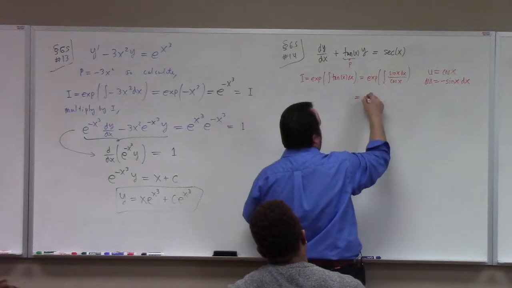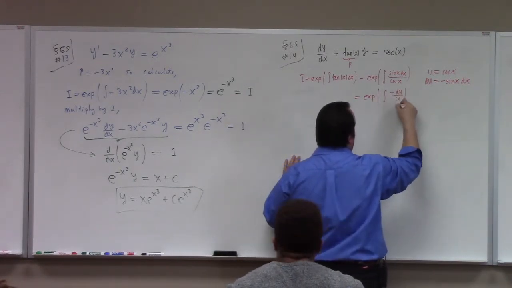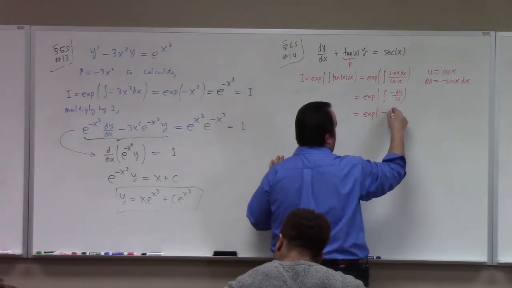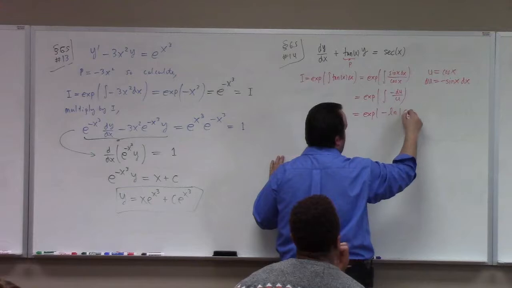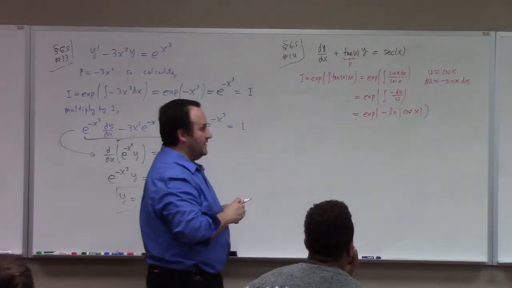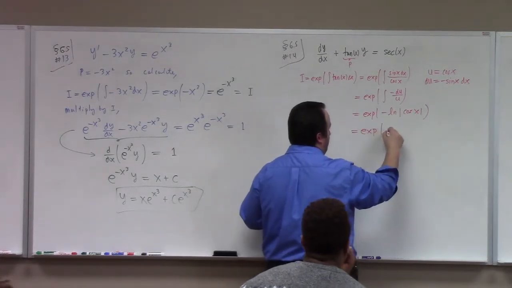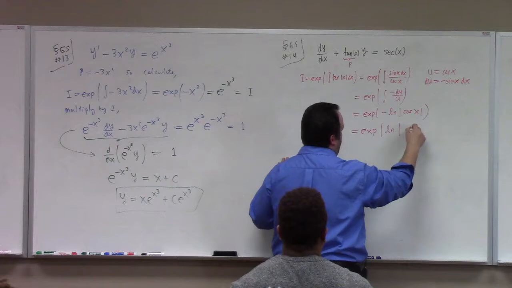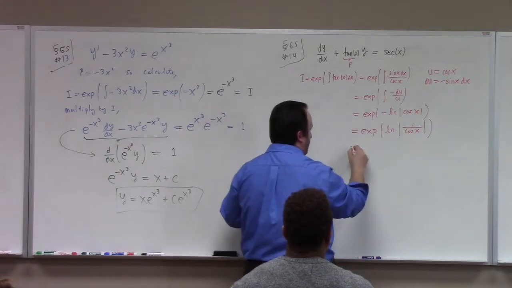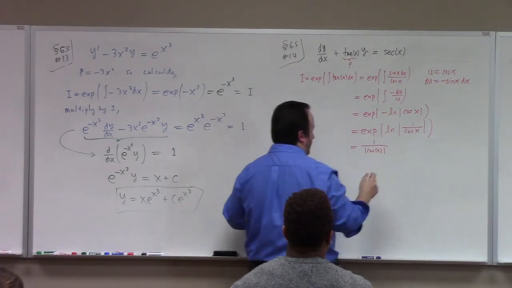So this is the exponential of the integral of minus du over u, which is the exponential of minus the natural log of the cosine of x. So properties of log, that's the exponential of the natural log of plus or minus 1 over cosine x. So we get 1 over plus or minus cosine x for our integrating factor.